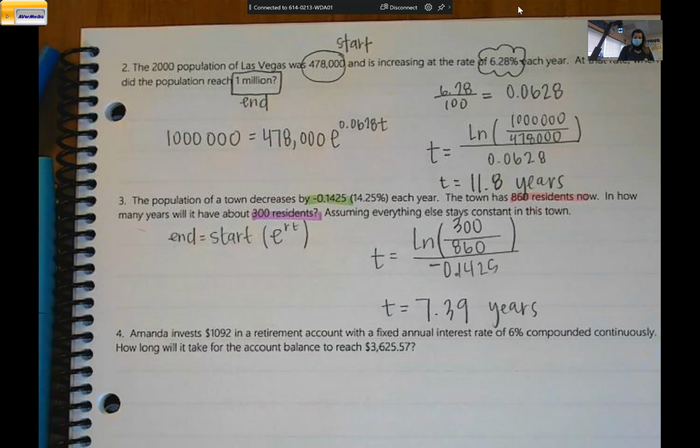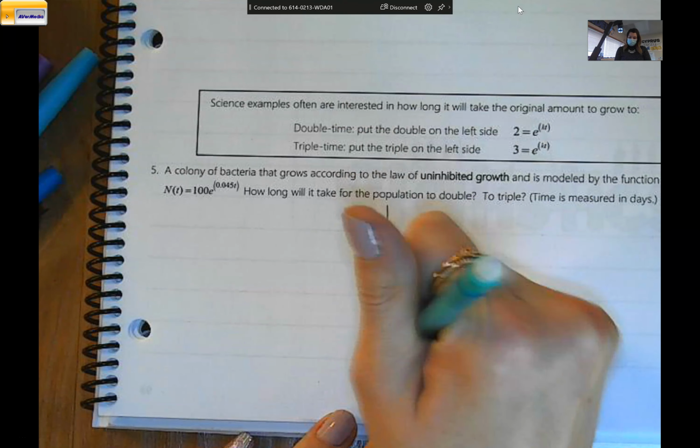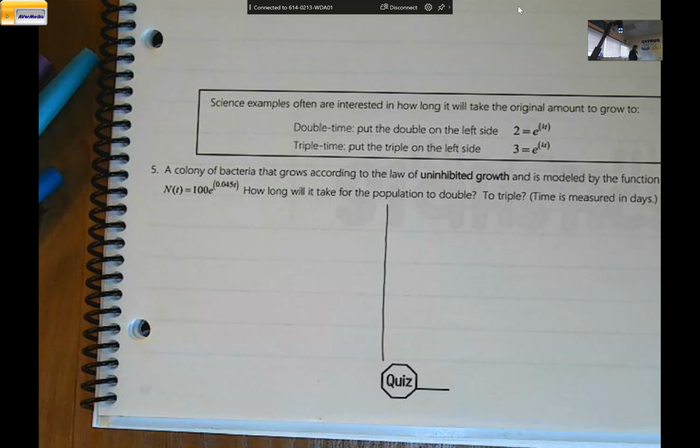Okay, before we do this money one, I want you to come down to the bottom and split this section in half. And I want to try one where it asks you to find the rate instead of the time.